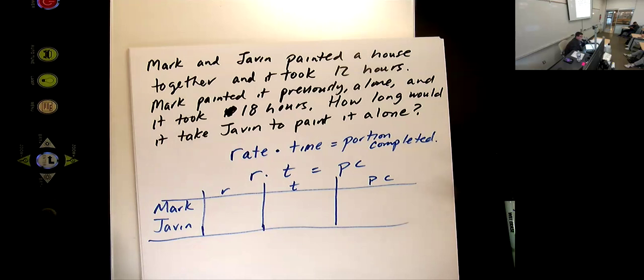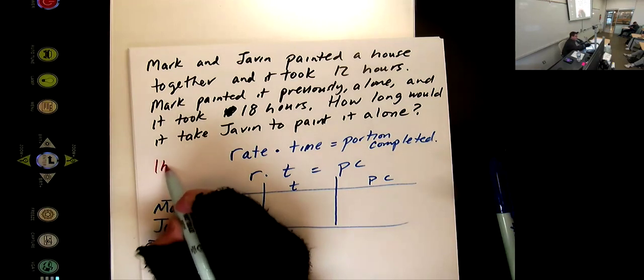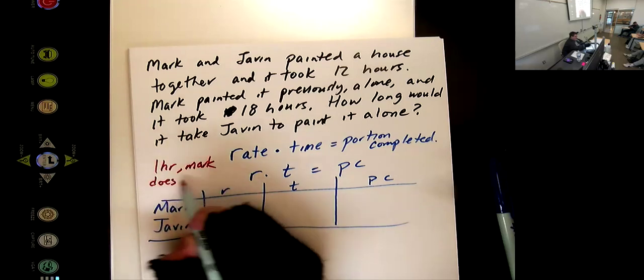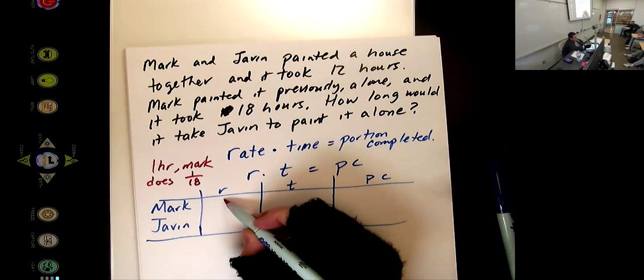So if Mark takes 18 hours to do the whole building, in 1 hour Mark does 1/18. We did 1/18 every hour, assuming he works at a steady pace, no breaks, nothing like that. His rate is 1/18.